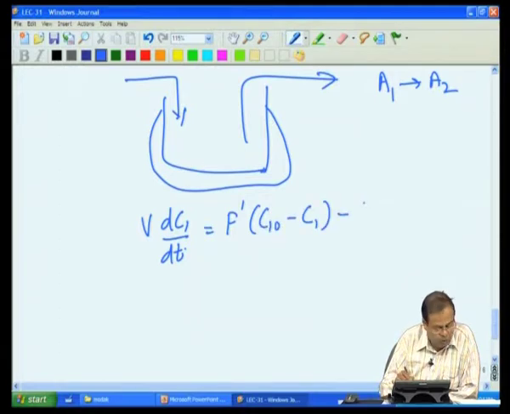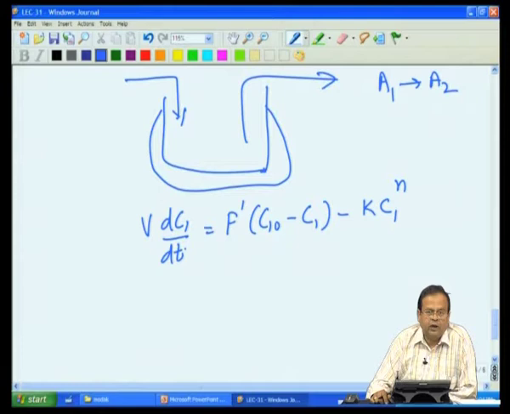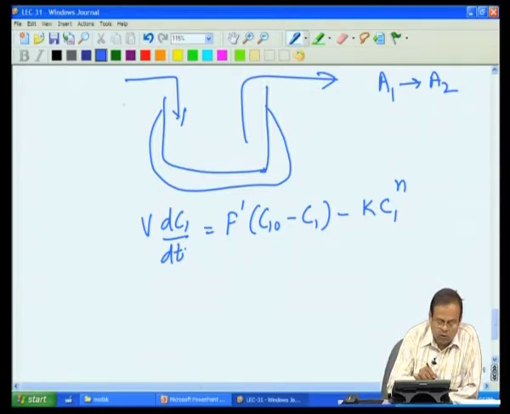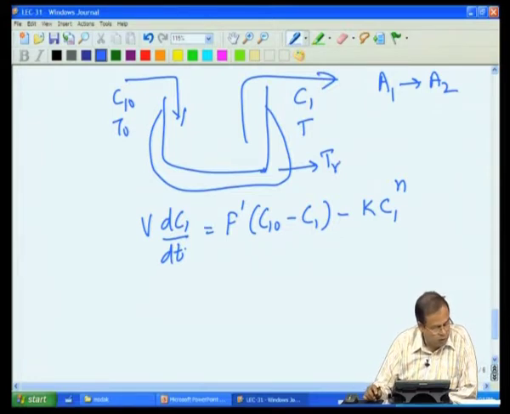So, if I write my mass balance, I have, keeping the same notations as before, that F prime is my volumetric flow rate and my reaction is nth order reaction. C10, T0 are concentration and temperature at the inlet, C1 and T are at the outlet, Tr is the temperature of the coolant.